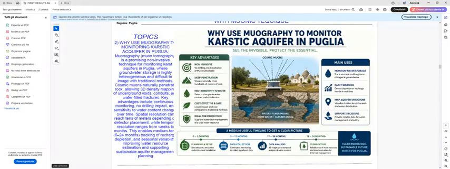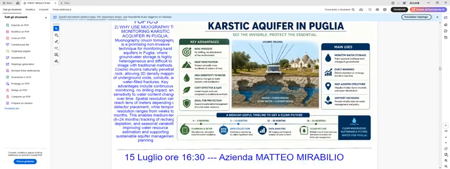This enables a medium-term, clear situation, like we do in this work. The monitoring minimum period is 6 months to 24 months, tracking recharge interpretation and seasonal variability, improving water resource estimation and also supporting the sustainability of the aquifer.